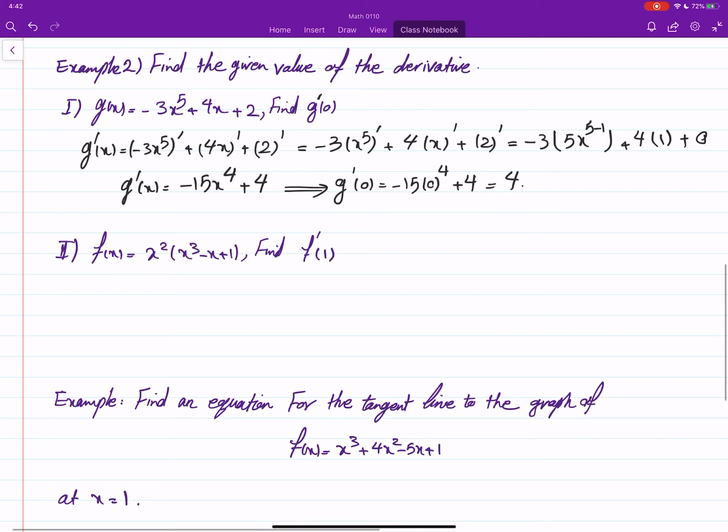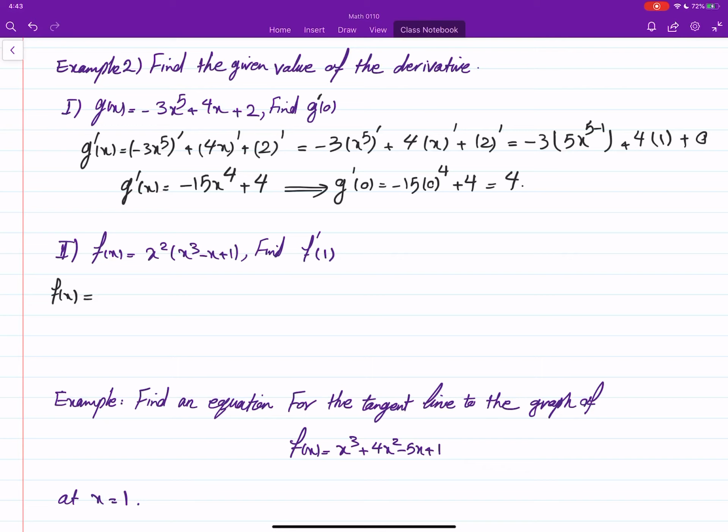How about this other one? Yes, so we have f of x. We want to find the derivative of that. First thing you notice is that this is a product of two things. Again, I don't know how to find the derivative of a product of two things. That's the product rule, and we will learn it later.